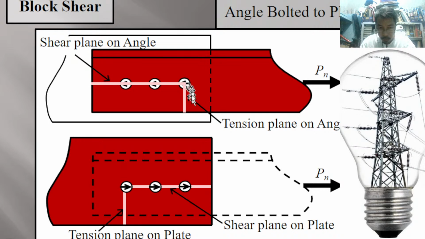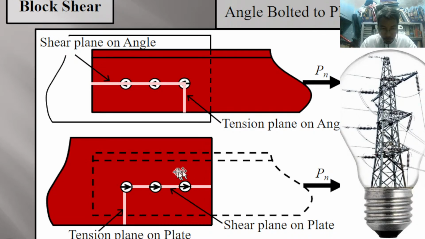So we have what we call a block failure, block shear. Meaning to say, this would be detached, and this red angular member would become two pieces. So this is one piece and the other one is this one. They will be separated from one another, and therefore the connection would fail.